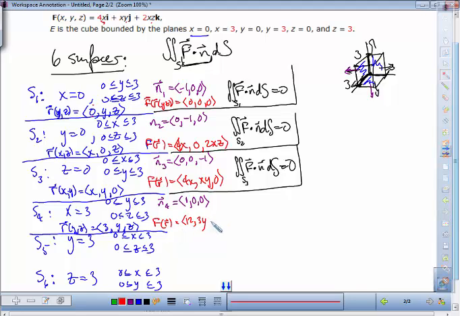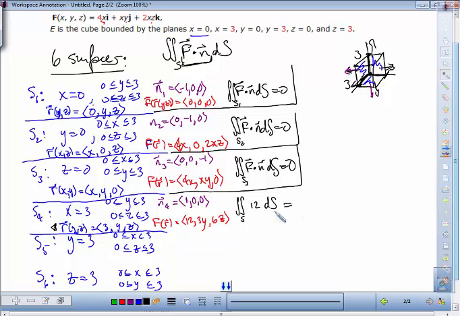So 2 times 3 is 6, times z. But if I look at my normal vector, it's 1, 0, 0, so the other 2 components are gone. So it looks like my surface integral here is not going to be completely 0. It'll be 12 dS, and my S is this parameterization.